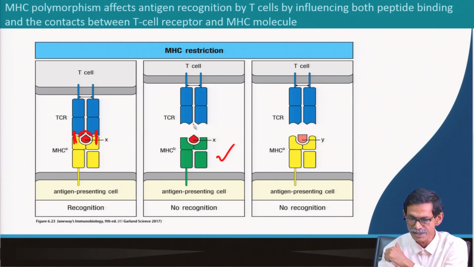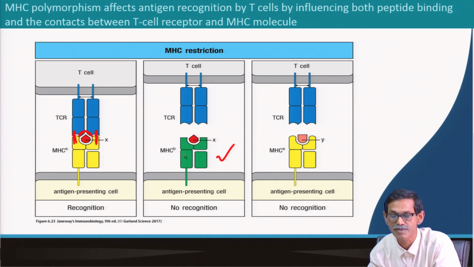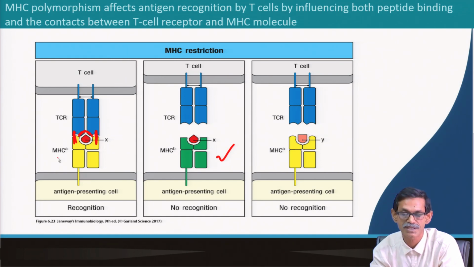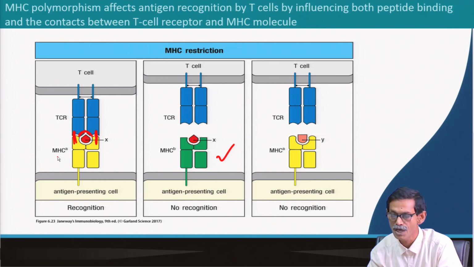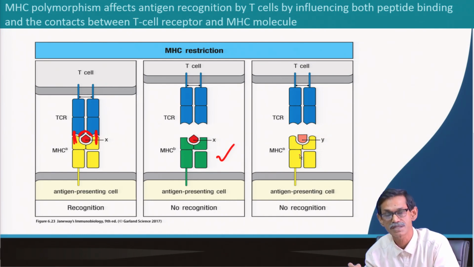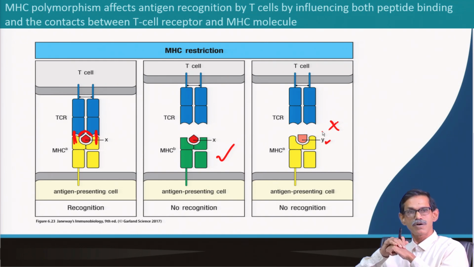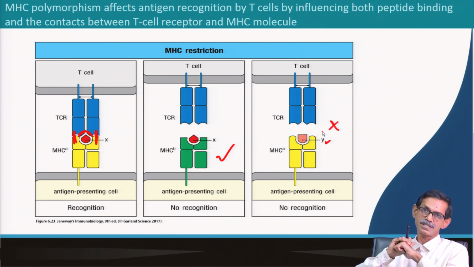Antigen specificity is there, but it is not interacting because this TCR is not recognizing this green one, named MHC B, while this is MHC A, just to differentiate between two different MHCs. Even with the same MHC A which the TCR can recognize, if this TCR cannot recognize antigen Y, it will not interact. This phenomenon is called MHC restriction.